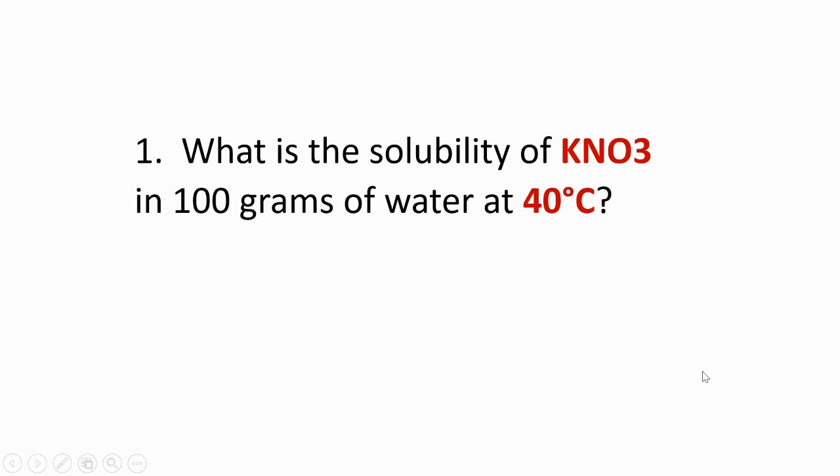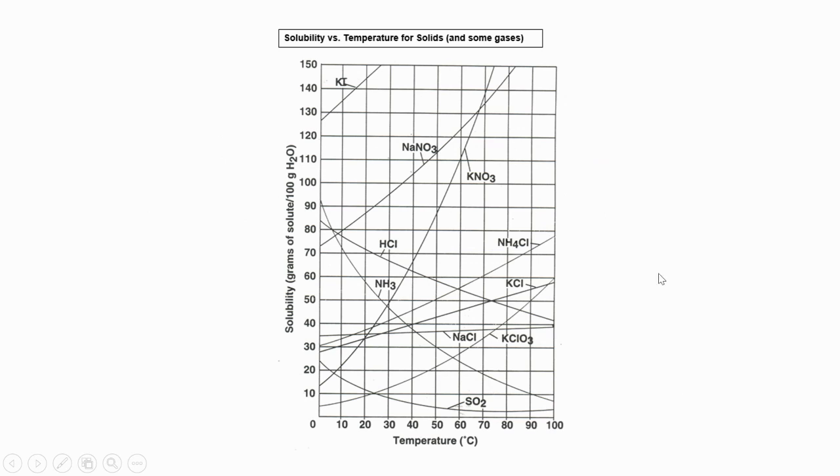Question number 1. What is the solubility of KNO3 in 100 grams of water at 40 degrees C? On a few of these questions, I have specifically said in 100 grams of water. But if I don't say anything, the assumption is it's 100 grams of water. So I find the KNO3 line, and I find 40 degrees.